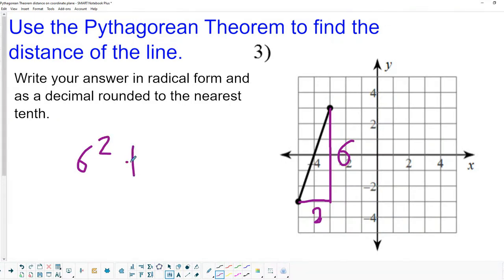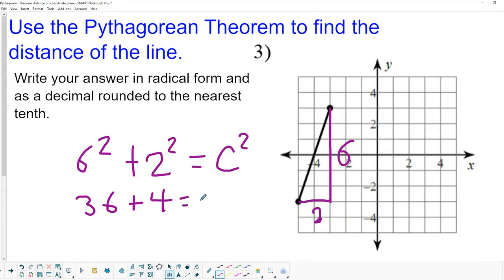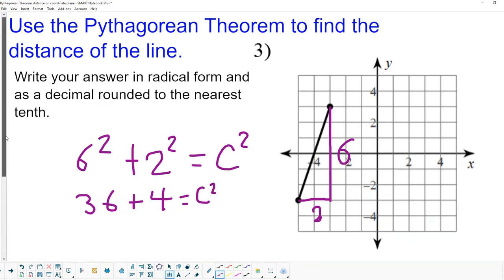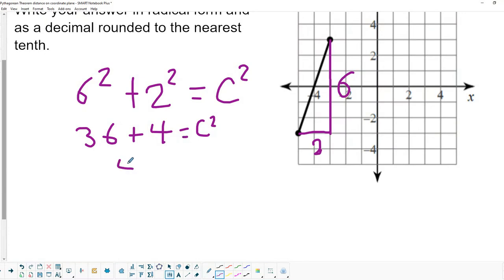B squared would be 2 squared. And now all of that squared and added together equals c squared. So we know that 6 squared is 36. B squared, or 2 squared, is 4. And all of that equals c squared. And 36 plus 4 is 40.